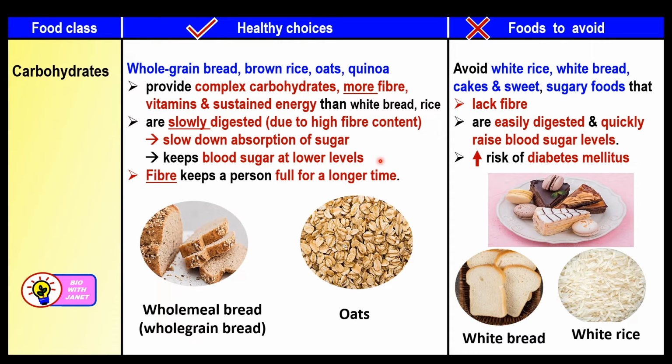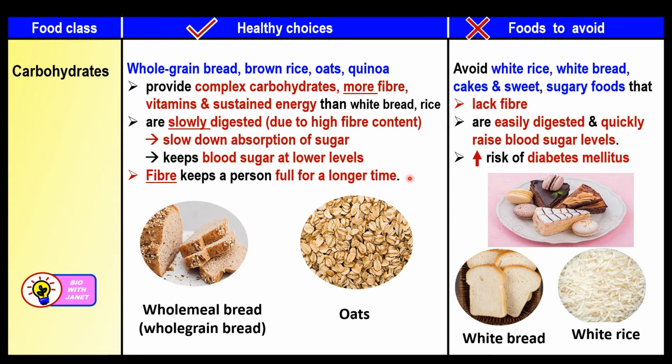If they want to keep their blood sugar low, they have to eat more of these whole grain foods rather than the refined carbohydrates like white rice and white bread. Furthermore, fiber keeps a person full for a longer period of time. Okay, so it can help a person to stay full so that the person will not keep on snacking or eating tidbits in between meal times and so forth. So it can help a person to control his or her weight and prevent obesity.